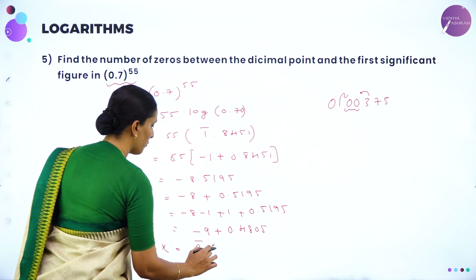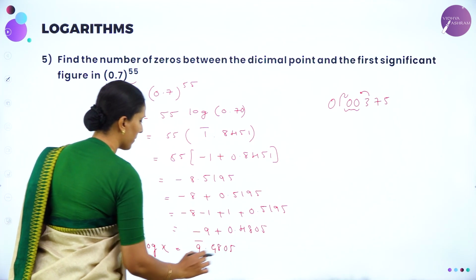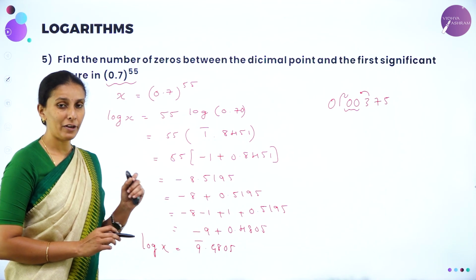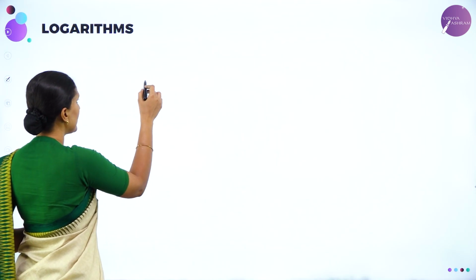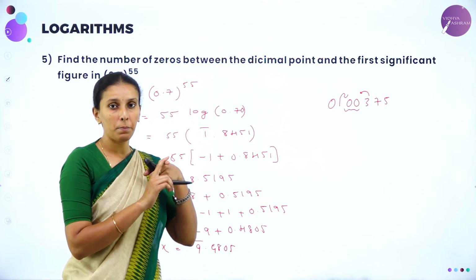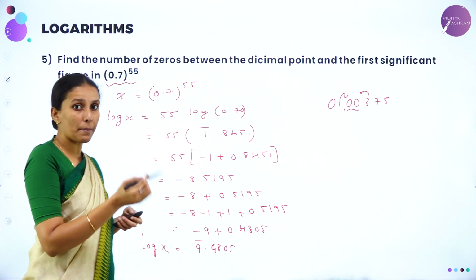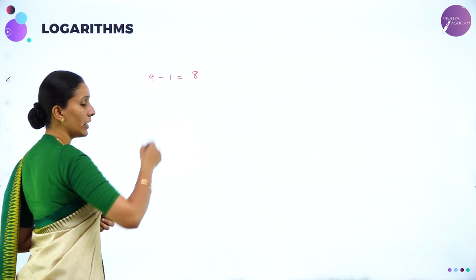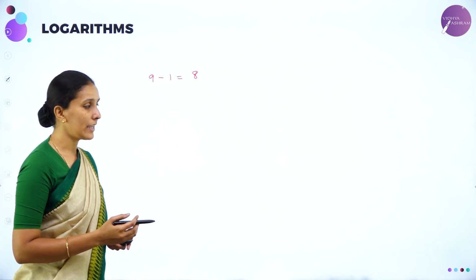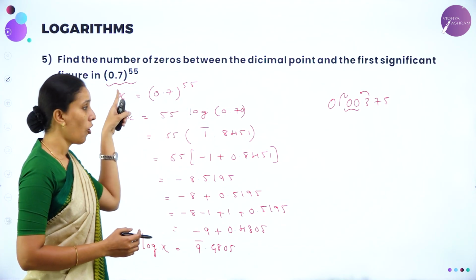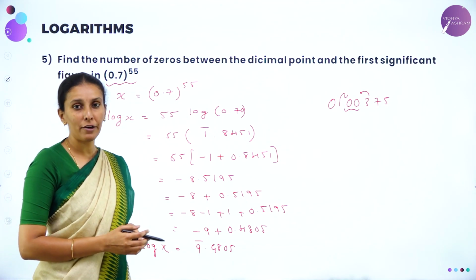Now decide the characteristic here. We'll not take it as minus 9, we'll take it as 9. So the characteristic is 9. When you're finding the number of zeros between the decimal point and the significant figure, we always subtract 1. So 9 minus 1 is equal to 8. Therefore, there are 8 zeros between the decimal point and the first significant figure of the number 0.7 to the power 55.